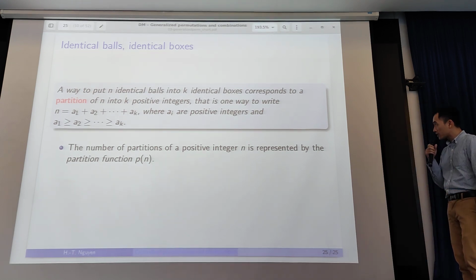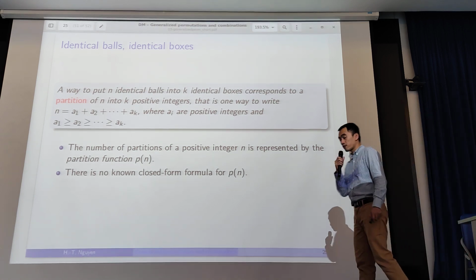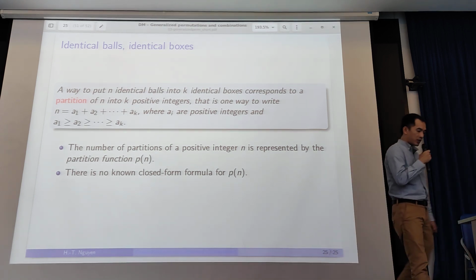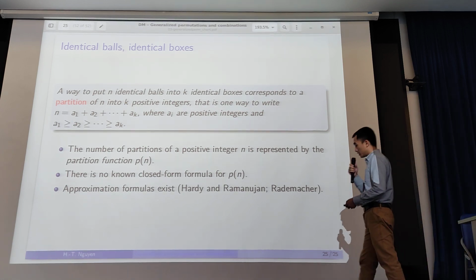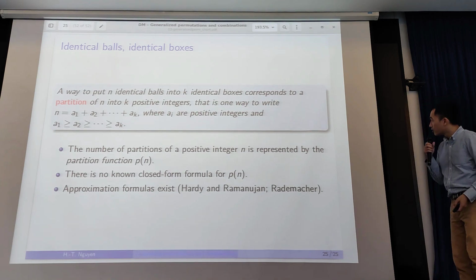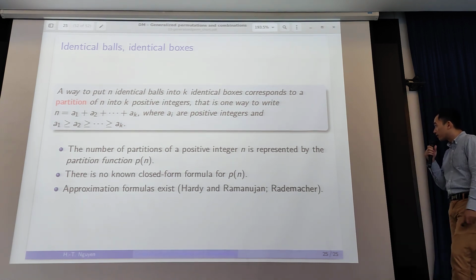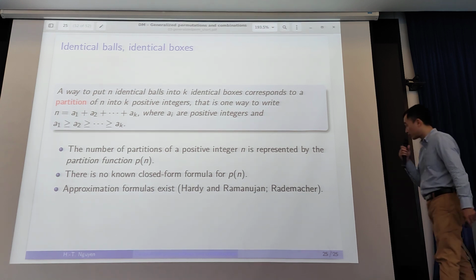This is a difficult function to calculate. We don't know a closed form formula, but there are approximation formulas in terms of power series, which are surprisingly good, meaning the error is quite small.